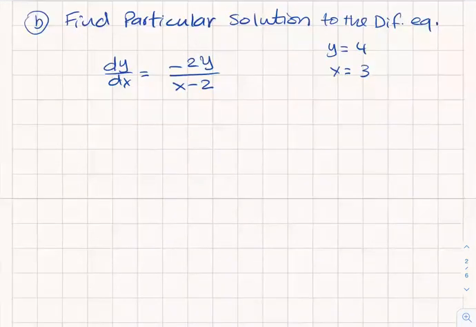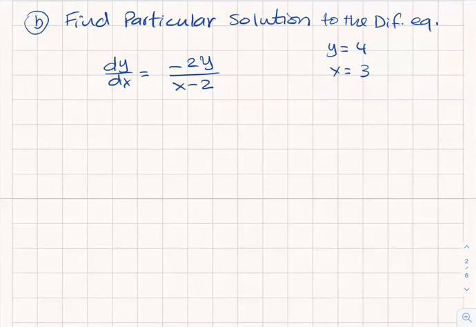Okay, and this part of the question is asking about finding the particular solution to the differential equation dy over dx equals minus 2y over x minus 2. So because it's a differential equation, we need to split the sides basically, and that means we will move the dx to the other side.